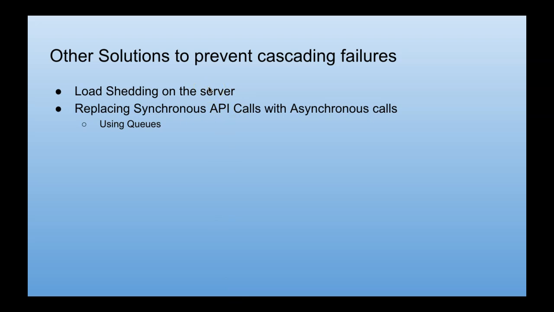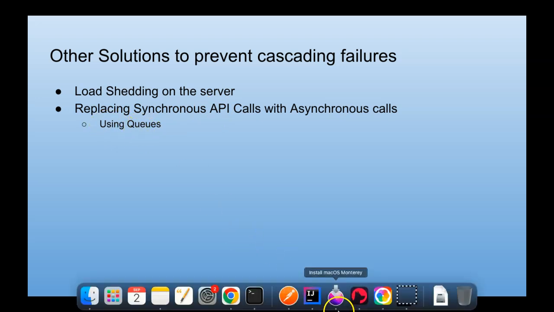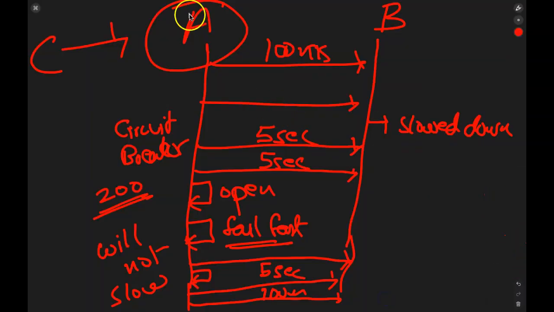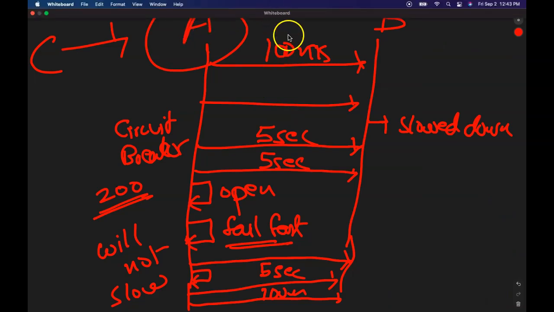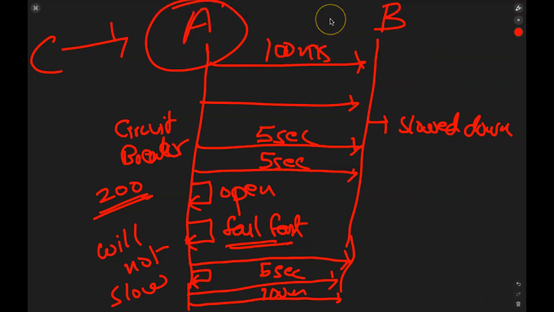And the other way is, instead of synchronous API calls like service A calling service B and waiting for a response, if your design permits, you can go with asynchronous calls. What do I mean by this? You would set up a queue. Service A would push a message into a queue and service B would read from the queue.